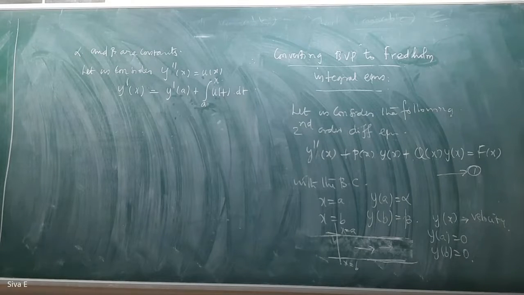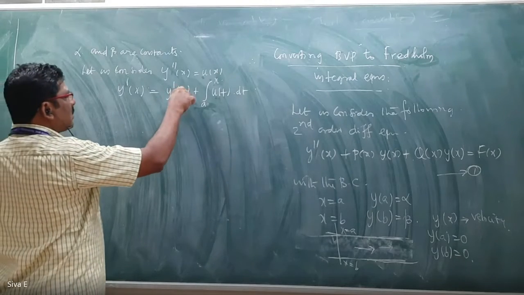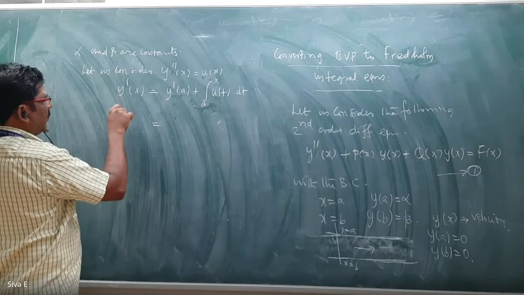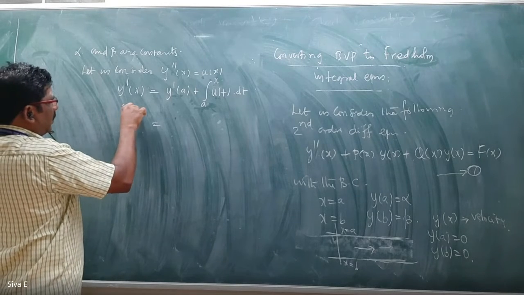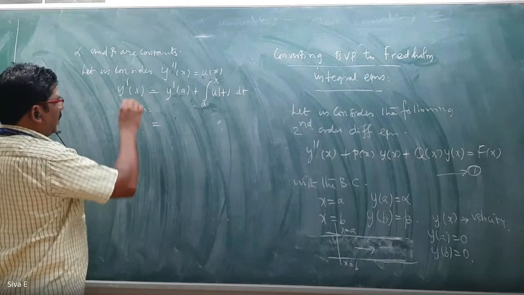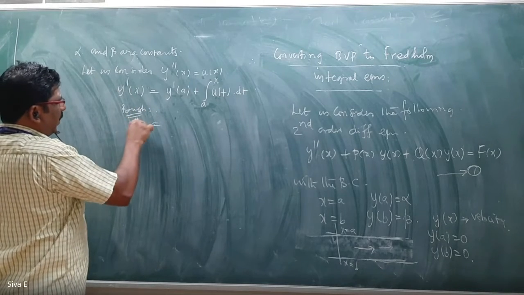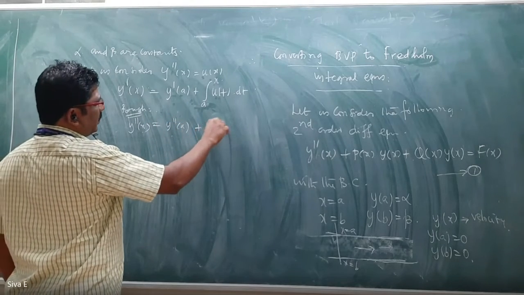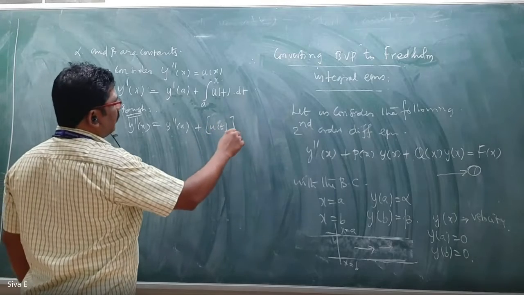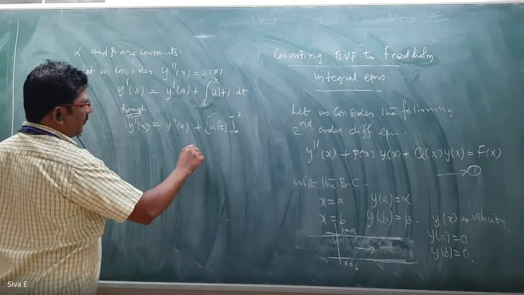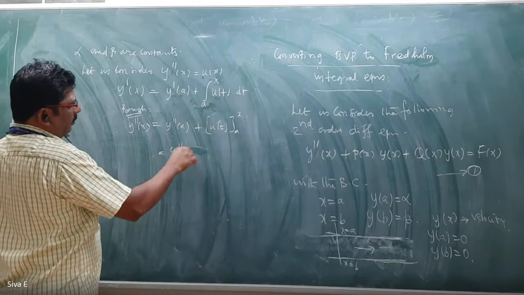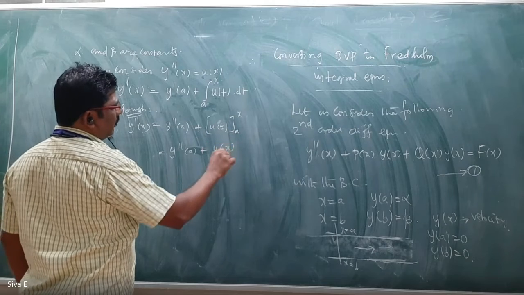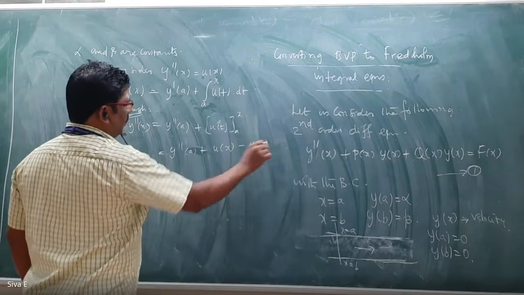Even if you are not taking this as the constant, if you are differentiating on both sides, what can we get? That is a rough work. Y double dash of x equal to y double dash of a plus u of t from a to x. So y double dash of a plus, substituting t equal to x here, u of x minus u of a.